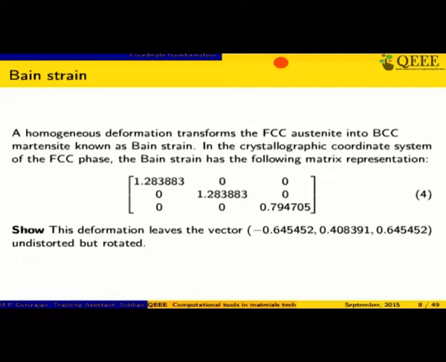And how is the martensite produced? Martensite is produced by heating the steel and quenching it very fast. When you quench it very fast, it doesn't undergo the usual phase transformations that it would undergo. Instead, it produces this martensite phase, and this is not even an equilibrium phase. If you have a phase diagram, you will not see martensite there.